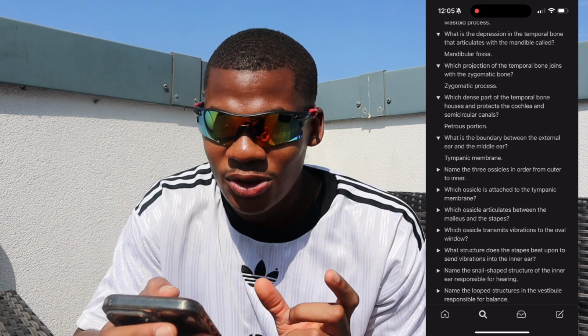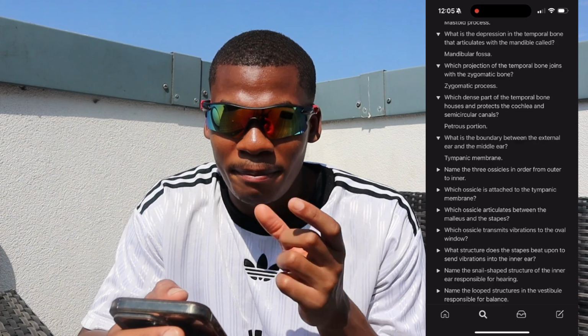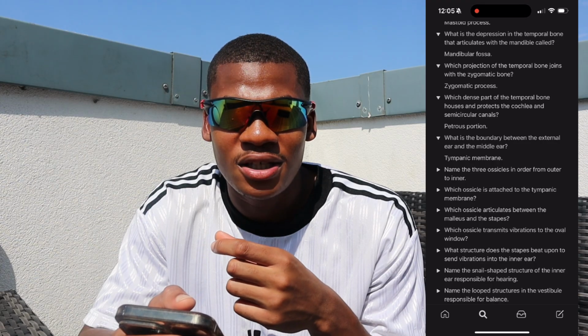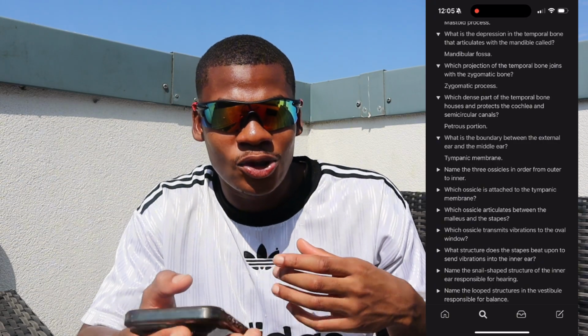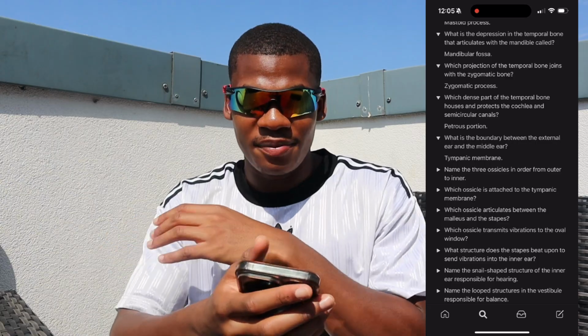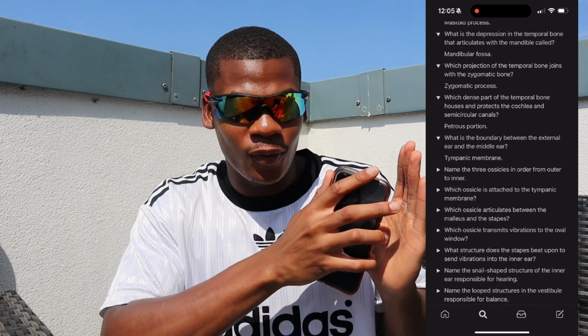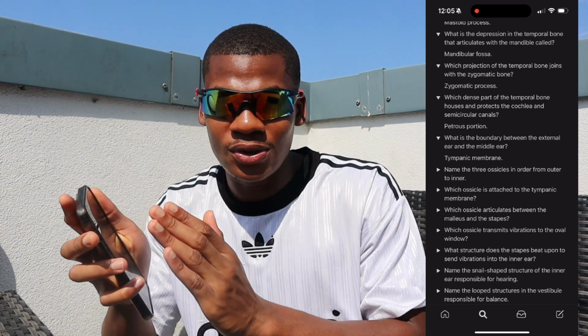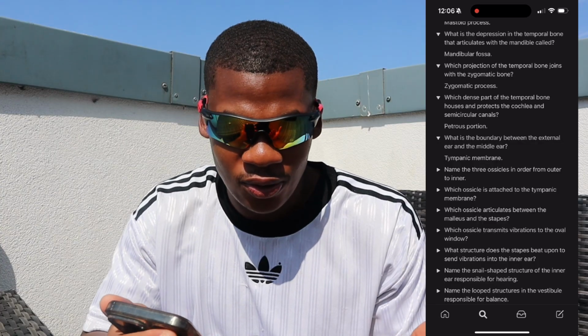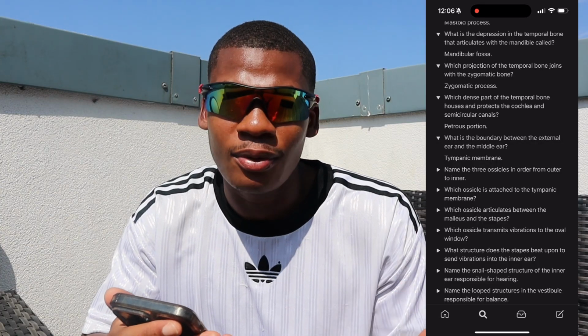So the ossicles are middle ear structures, and they help with transferring sound energy. Oh, no. The tympanic membrane comes first, then you have your oval window, and then your ossicles. Your first ossicle is your stapes.